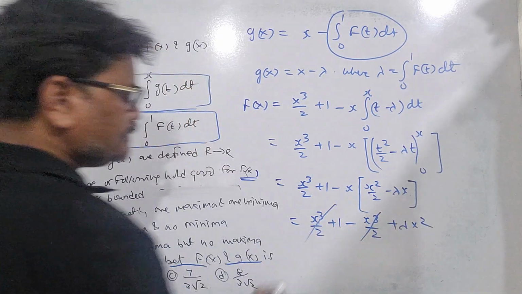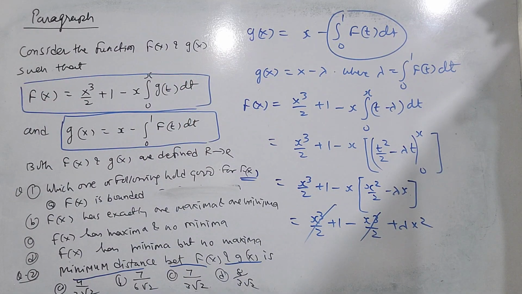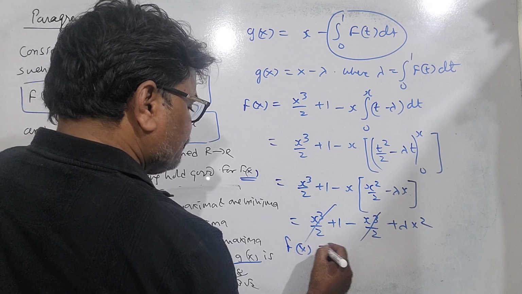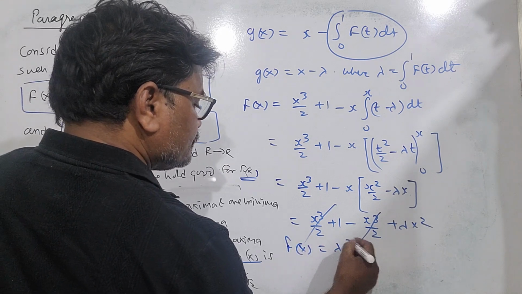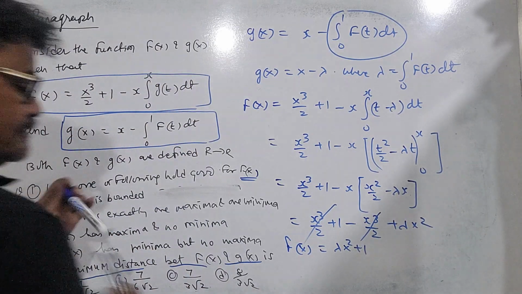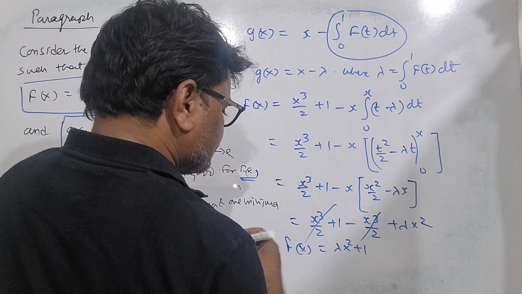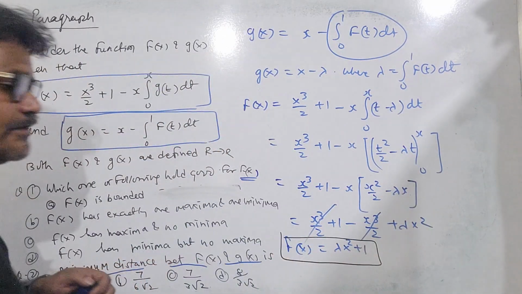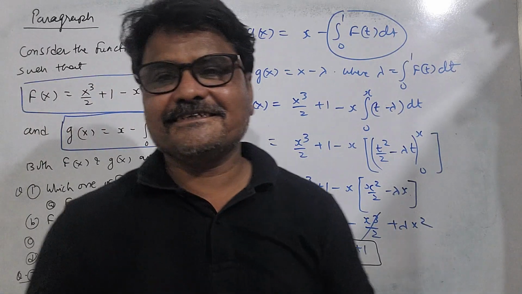This x cube by 2 gets cancelled out and therefore I am getting f(x) equal to lambda x square plus 1. So f(x) I have determined. f(x) equal to lambda x square plus 1. But what about this lambda? Lambda is a constant value.